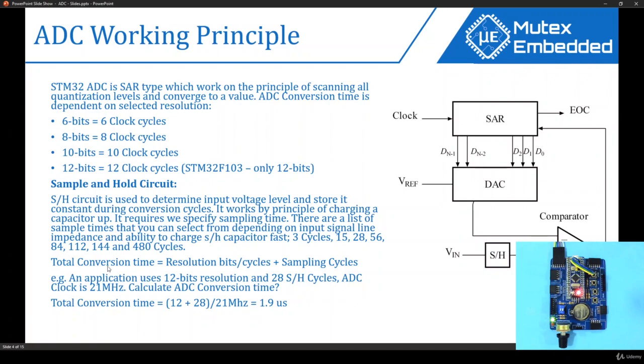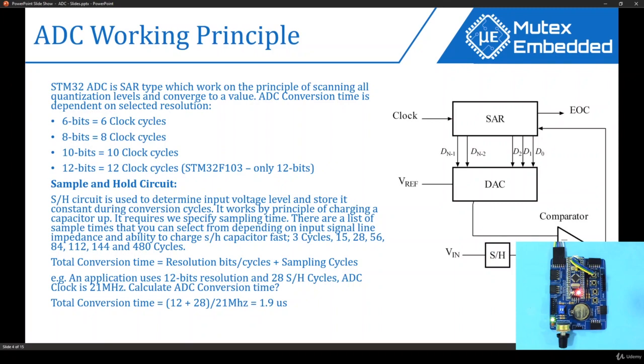Here is a very simple formula down at the bottom, where we calculate the exact conversion time of the ADC. This is important in periodic applications where it is critical to know the sampling rate and the maximum sampling speed that you can get. It can be calculated by the number of bits plus the number of cycles for the sample and hold circuit.